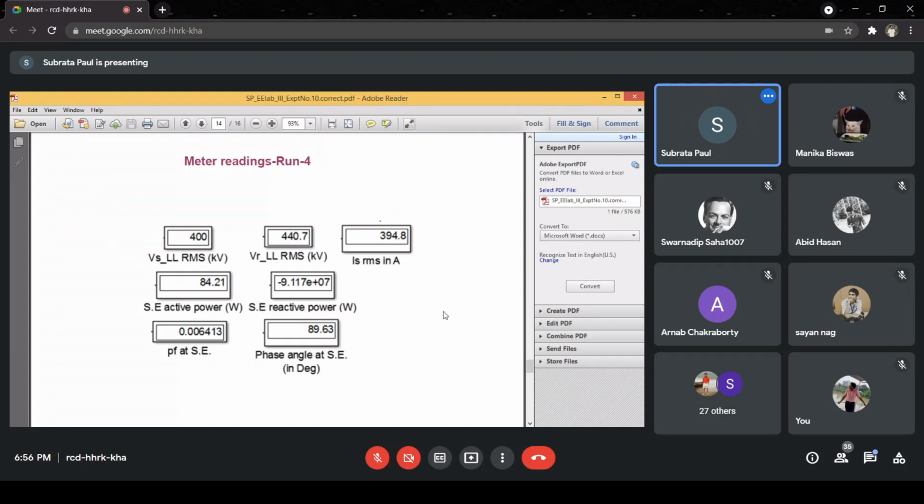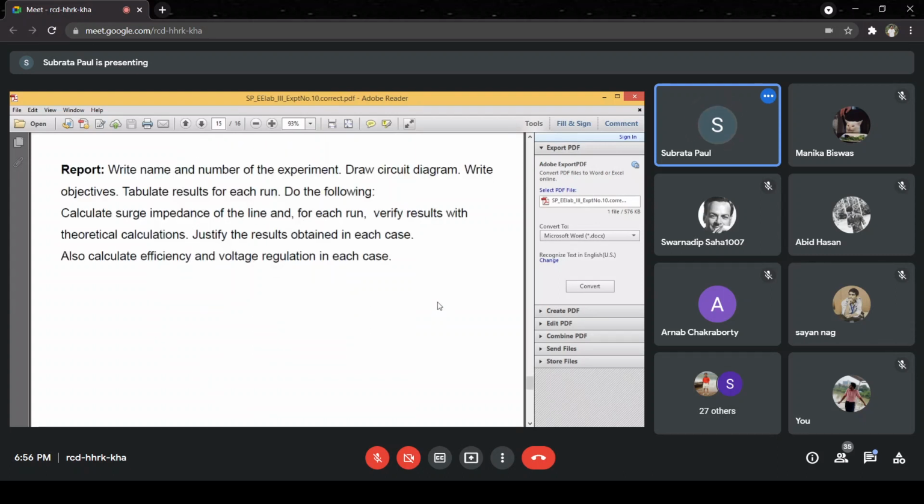Therefore, the angle between the sending end current and sending end voltage will be 90 degrees. The current will lead the sending end voltage by almost 90 degrees, and the power factor should be almost zero, and the power factor angle is almost 90 degrees. These are the simulation results.